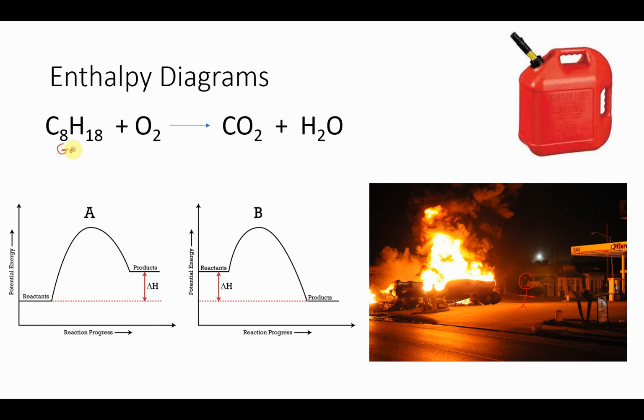This is the formula for gas. And if you remember something about combustion reactions from first semester, that gas will have to react with oxygen and it will make CO2 and water. These reactants will turn into these products.